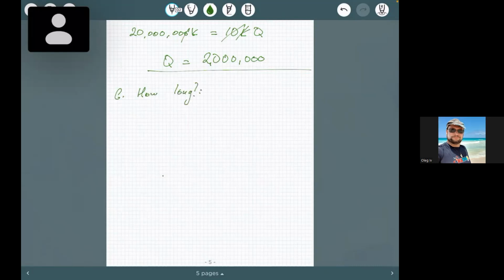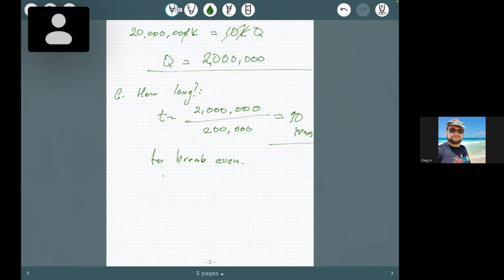Well, we need to divide 2 million by 200,000 and we'll get 10 years to break even. So overall, you need to produce 2 million cars. We know that for 1 year, we produce 200,000 cars. So 10 years to break even.